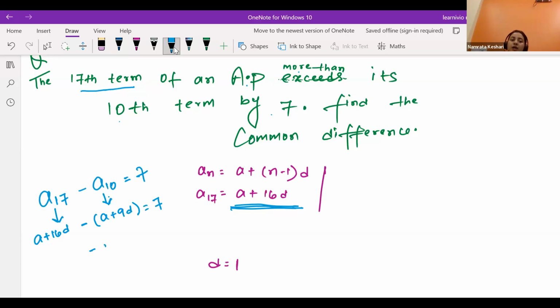We will have (a + 16d) - (a + 9d) = 7. So a cancels, 16d - 9d = 7d, so 7d = 7, and from here you have got d as 1.